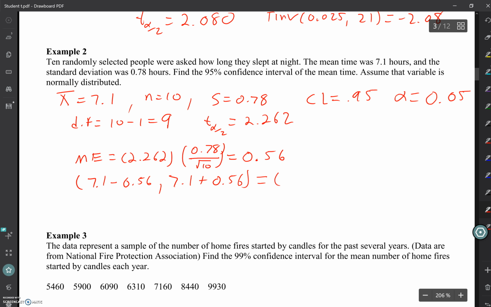What is that going to give me? 7.1 minus 0.56 is 6.54. And what if we add it? We're going to get 7.66.